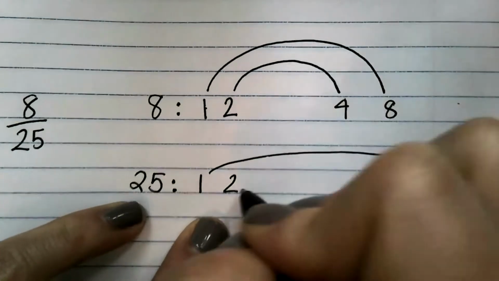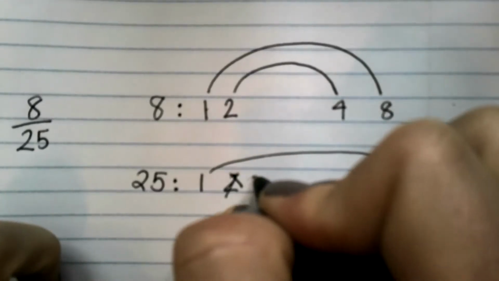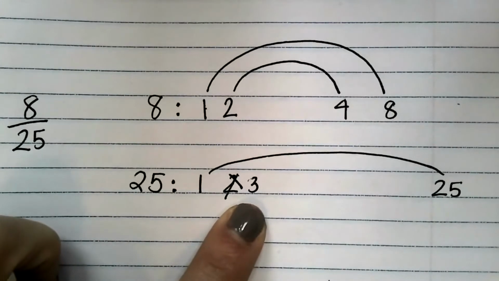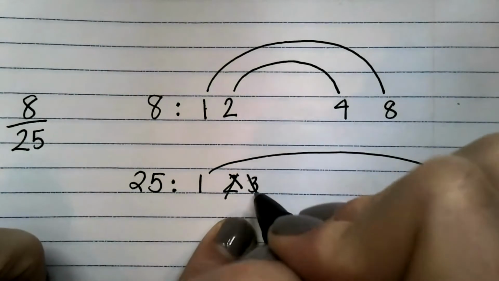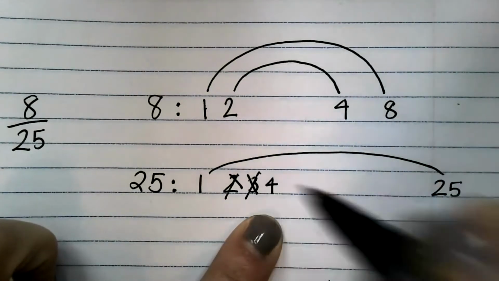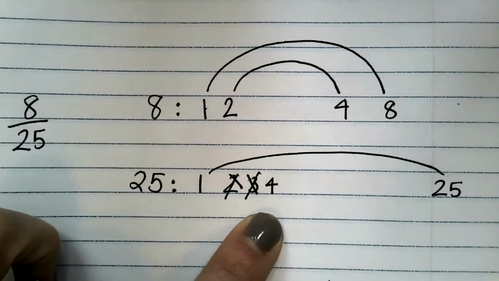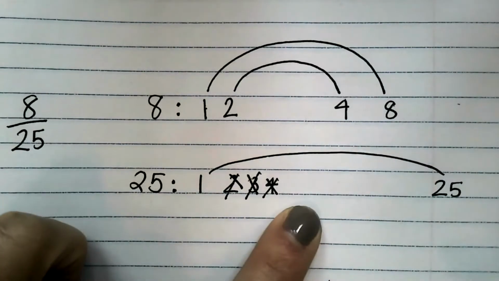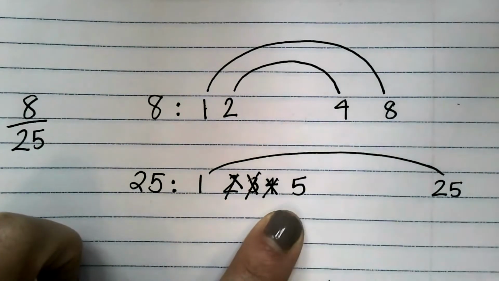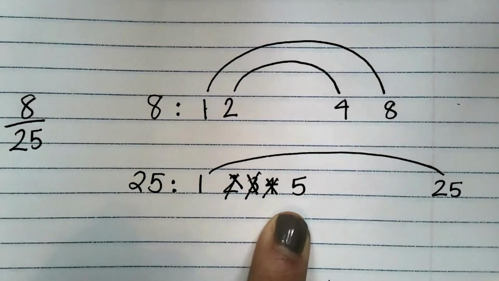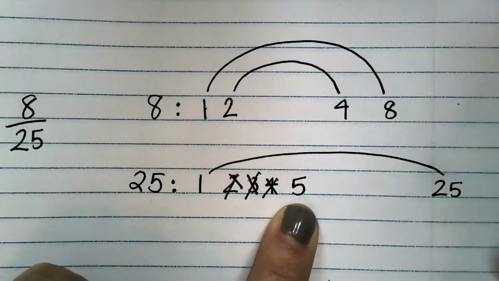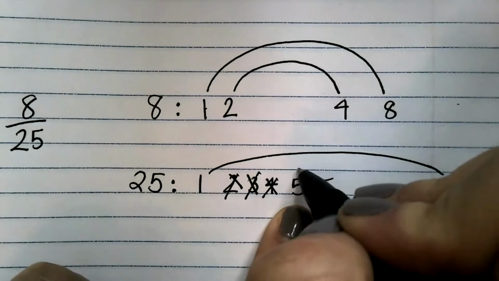No, because it's an odd number. Is 25 divisible by 3? No, it's not divisible by 3. Is 25 divisible by 4? No, because it's not divisible by 2. Is 25 divisible by 5? It is. 5 times 5 is 25.